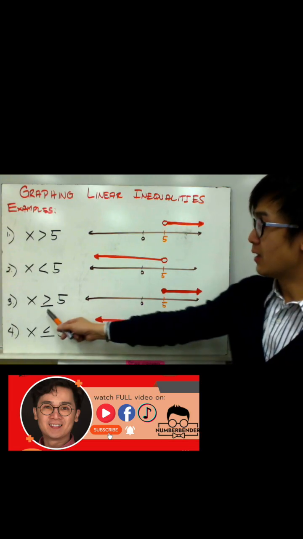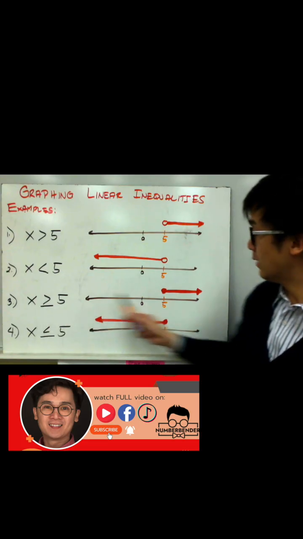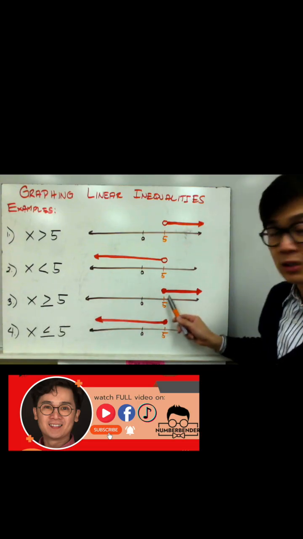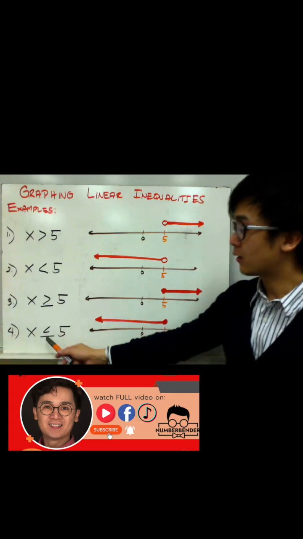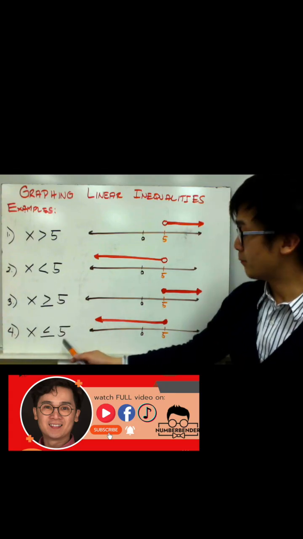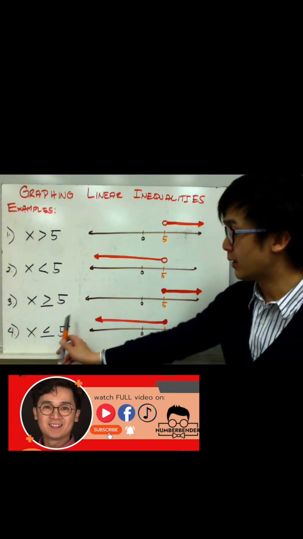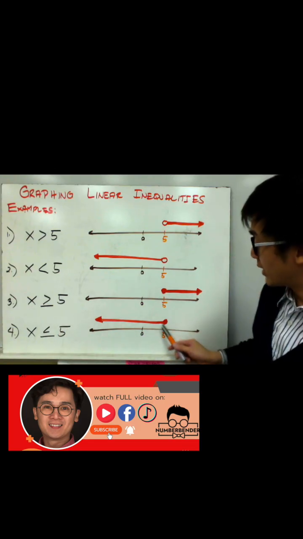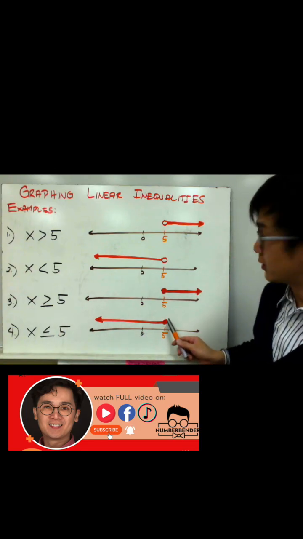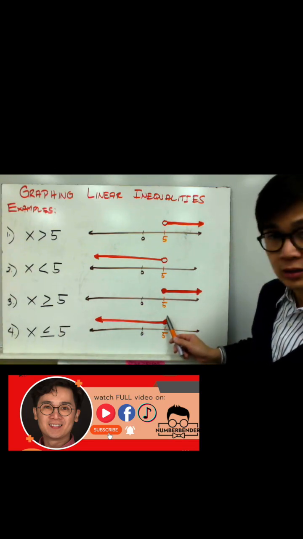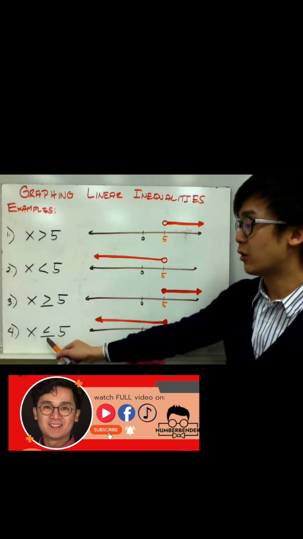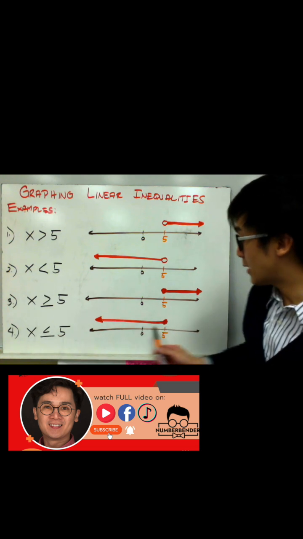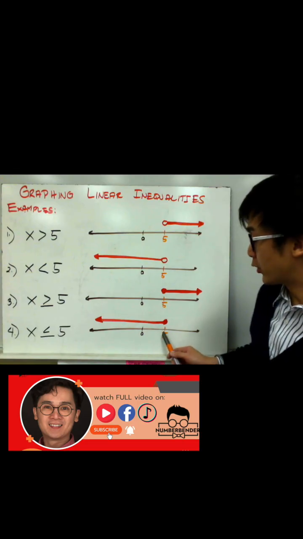Since it's the greater than or equal to symbol, I have here a shaded circle going to the right. If I have x less than or equal to 5, my shaded region is moving towards the left, and my circle is no longer an open circle. It's a shaded circle to denote that I have x less than or equal to 5, which means number 5, your integer, is included in your inequality.